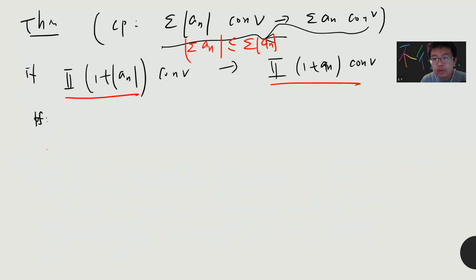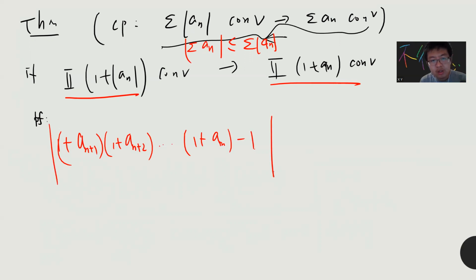So the idea is to use Cauchy. We can check that the product of 1 plus an plus 1 up to 1 plus an plus 2, let's say we do a partial product of the 1 plus an, and then we subtract 1. This is the Cauchy criterion. One can prove that this is less than or equal to the product of the absolute values, 1 plus an plus 1 minus 1. Because if you take the absolute value, this will increase the sum and increase the product.